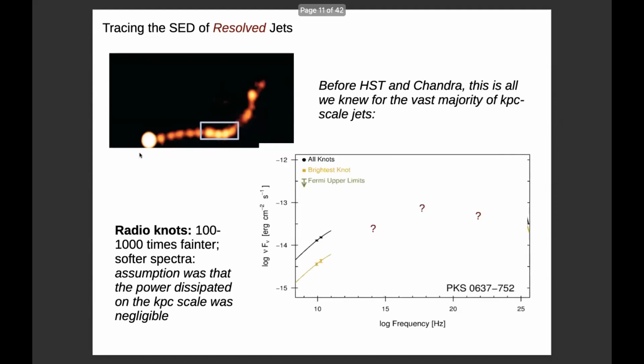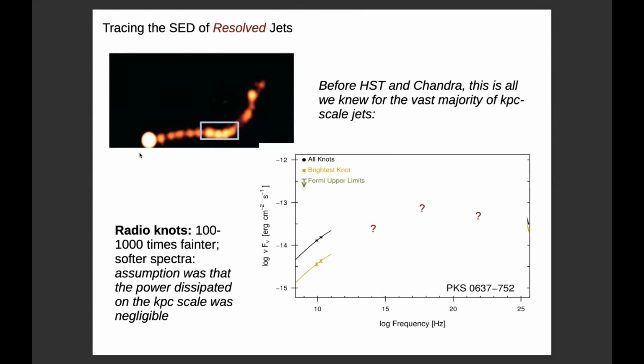In the radio, of course, the radio knots are nice and interesting. You see these interesting blob morphologies, like in this case, but they're 100 to 1,000 times fainter, and the spectra are pretty soft. So the assumption was that the power dissipated on these scales was really negligible, that basically all the main fireworks are happening down close to the black hole. But that's not actually the case, and I'll talk about that in a second.